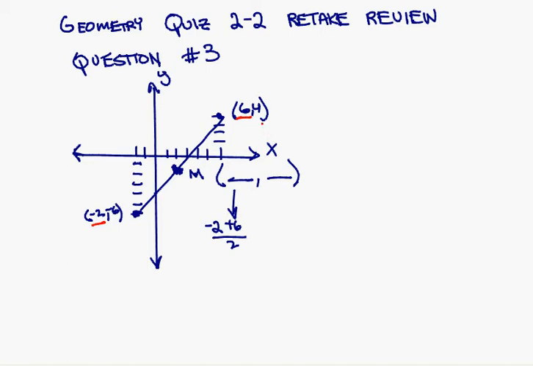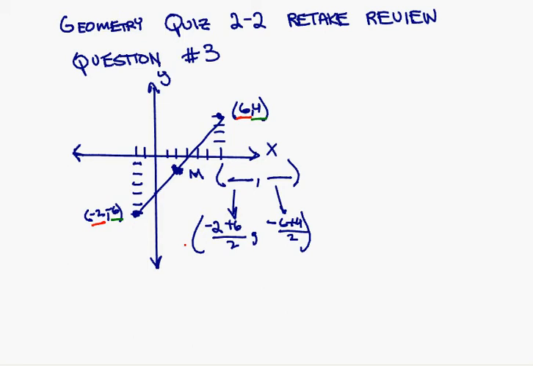Now we're going to do the same thing with the y coordinate of one point and the y coordinate of the other. So again, we're going to take and add. So we're going to take -6 plus 4 and divide that by 2. Okay, so that's the x coordinate and the y coordinate of the midpoint.